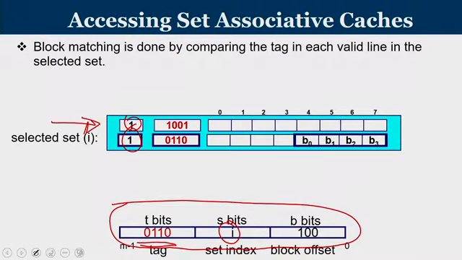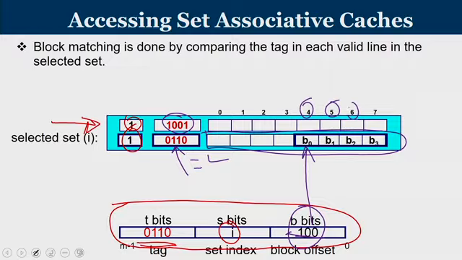Now what I am interested in is whether my tag bits are 0110. In the first one, the tag is not matching; this is a different tag, whereas in this case the tag is matching, 0110. Once the tag is matching, this is the data that we are looking for, but I don't know from where to start. The offset will tell you from where to start. Here the offset value is 4, so start from byte number 4 onwards: 4, 5, 6, 7. Those 4 bytes will give you the corresponding word.